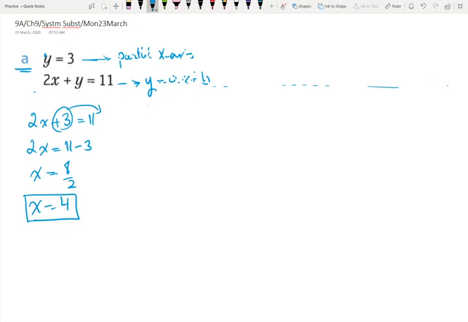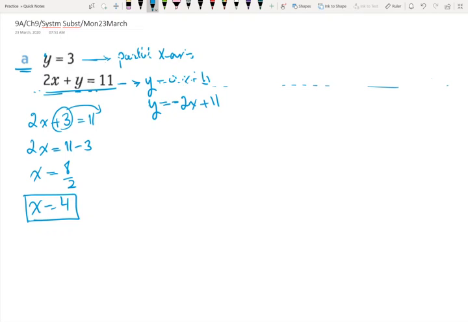If I want to change this line into y equals ax plus b, it is going to be y equals minus 2x plus 11. So actually we are finding the point of intersection between these two lines.